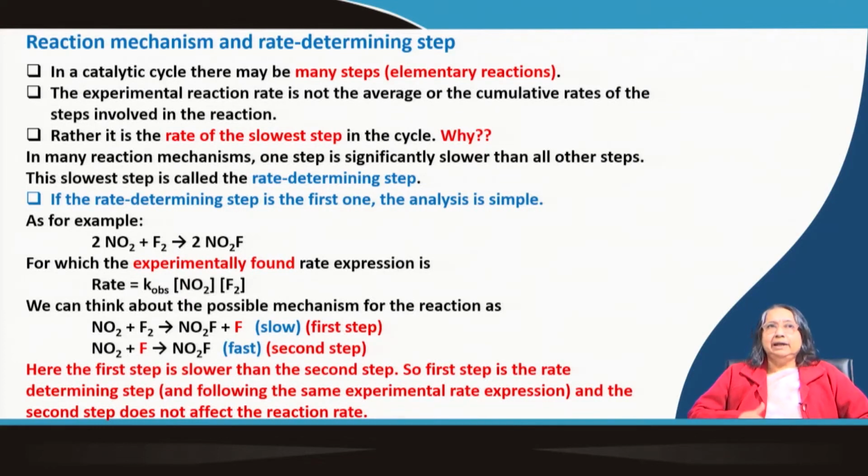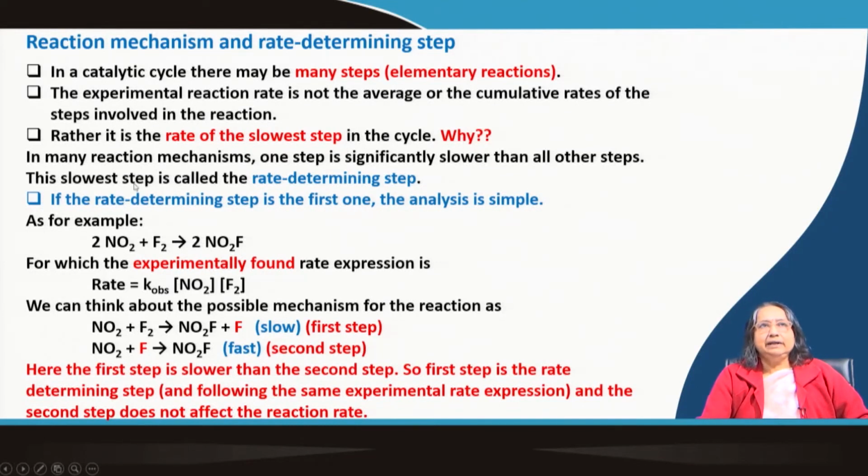If you really want to expedite the process, meaning make it faster, then you have to make table number 5 to 6 faster. That is the rate determining step. The actual rate is governed by that one. So, rather, it is the rate of the slowest step in the cycle.